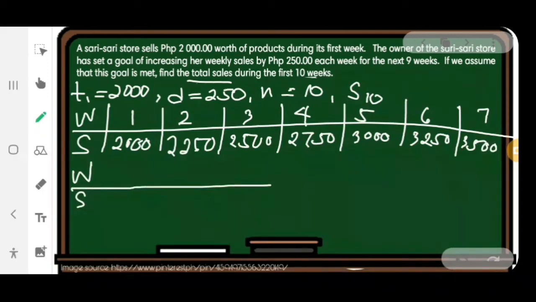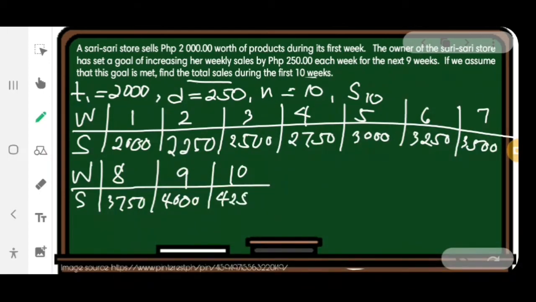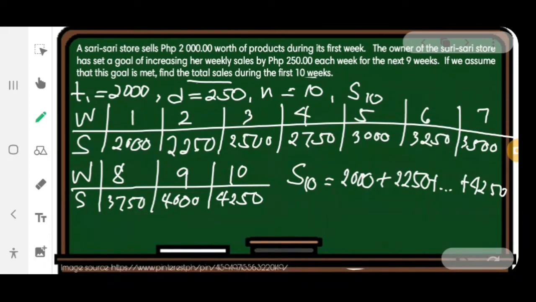Then for the eighth week we have 3,750. Ninth week is 4,000, and then for the 10th week is 4,250. Then we are going to add them. Since I have limited space in writing, I will just write it this way. So S sub 10 is equal to 2,000 plus 2,250 plus up to 4,250.